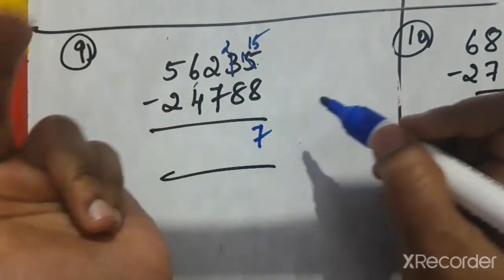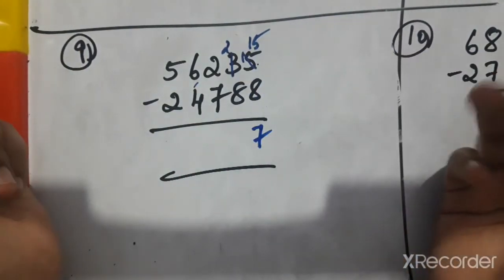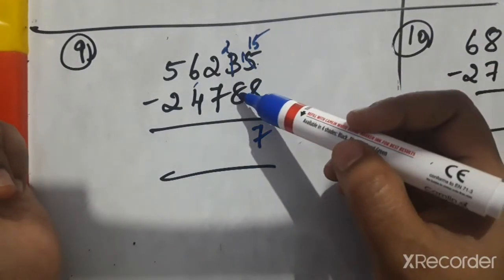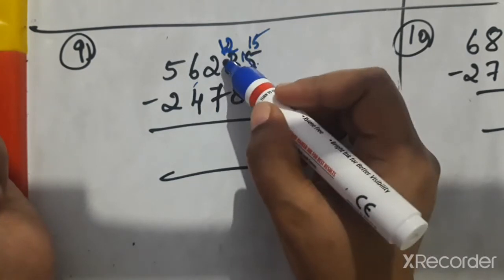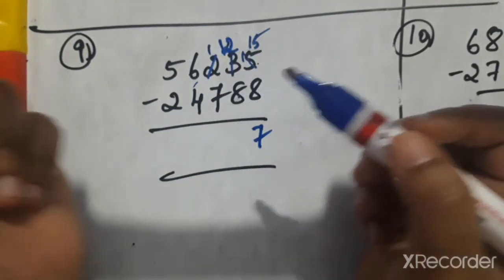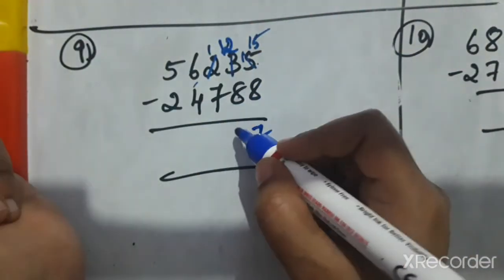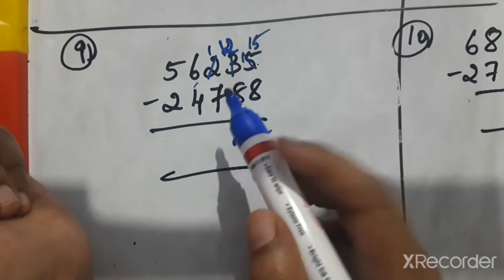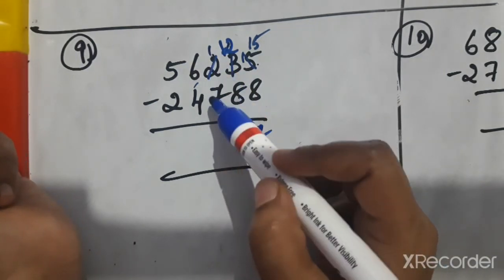How much? 7. Okay, now 2 minus 8. 2 minus 8 we can't subtract it because 2 is less than 8. So borrow 1 from the next number. So it becomes 12 and 2 is now 1. 12 minus 8 means 9, 10, 11, 12. How much? 4.